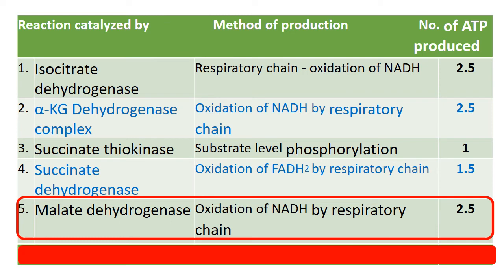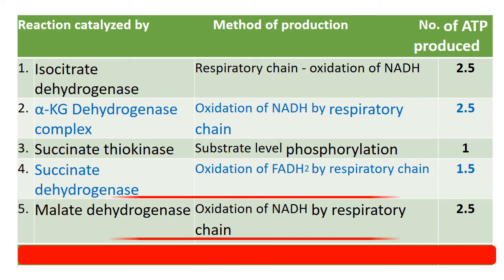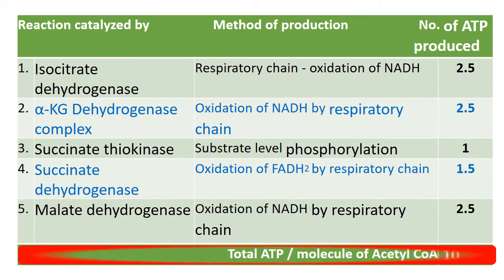Again, there is the production of 1 NADH, and this gets oxidized through the respiratory chain, giving a total of 2.5 ATPs. So in total, if we sum up all these ATPs, there is a production of 10 ATPs. So these 10 ATPs are from one acetyl CoA molecule that enters into the citric acid cycle.